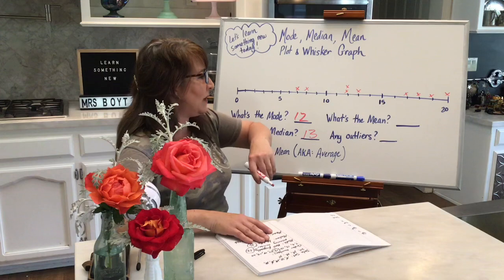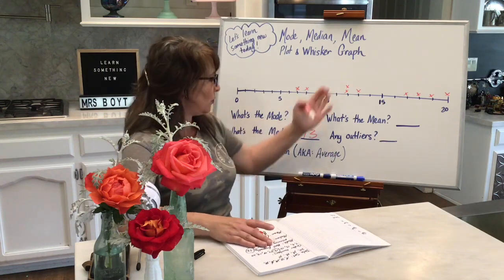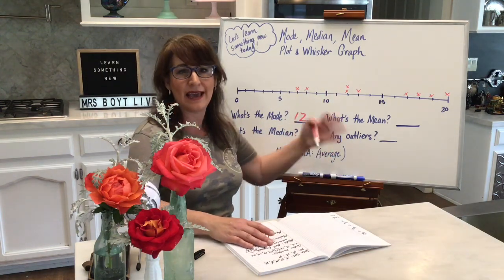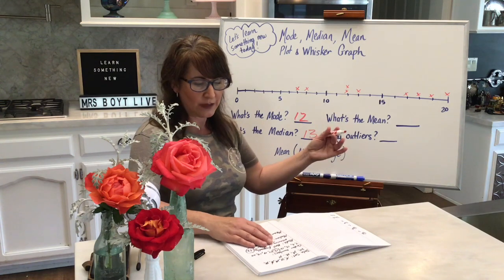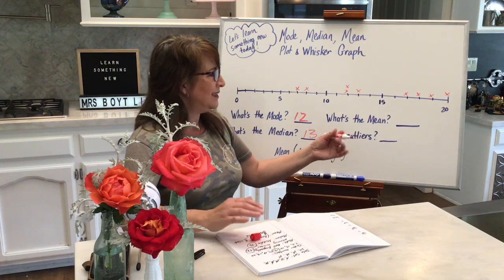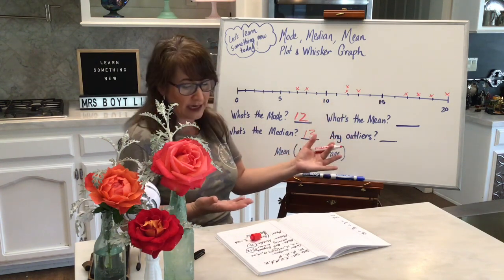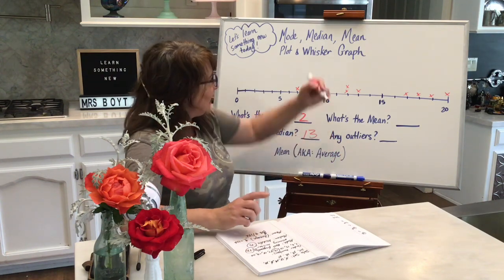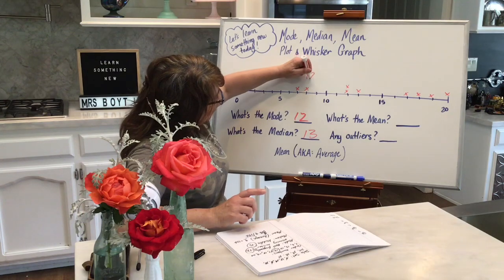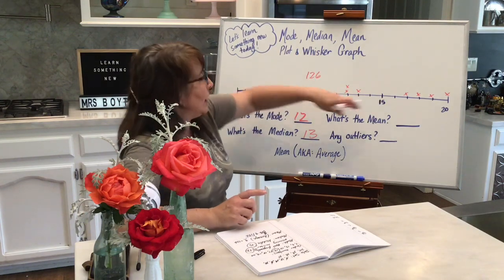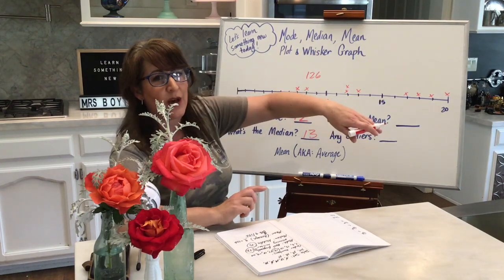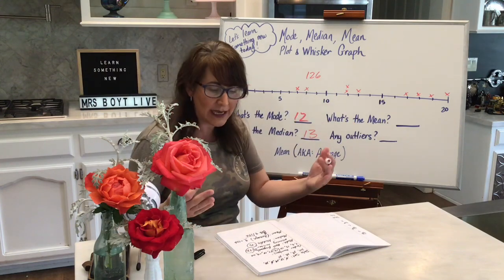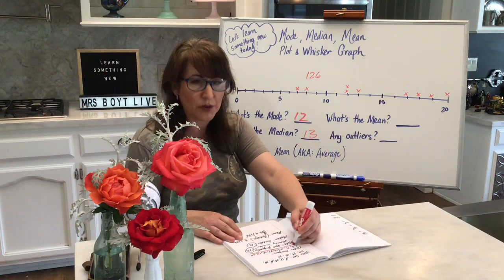And the next thing we have to do is find the mean, or another way of saying that is AKA average. So what we're going to do is add up all of the numbers, and this is a time you can really use a calculator. Add everything up, and you'll see that together it is 126 points in value. And you have to divide that by how many numbers you plotted on the chart.